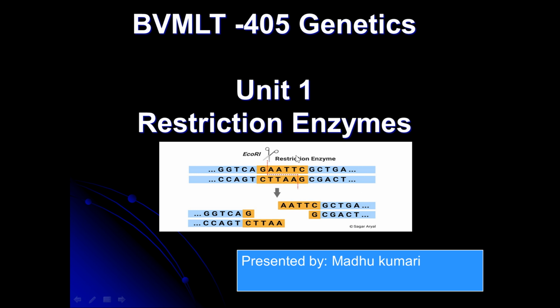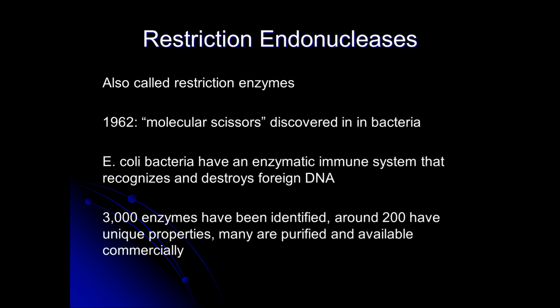This type of sequence is known as a palindromic sequence. Whether you read from the right hand side or the left hand side, the sequence will be the same. Okay, understand?